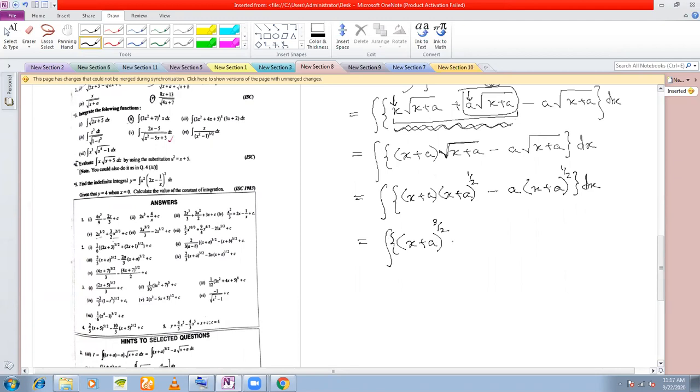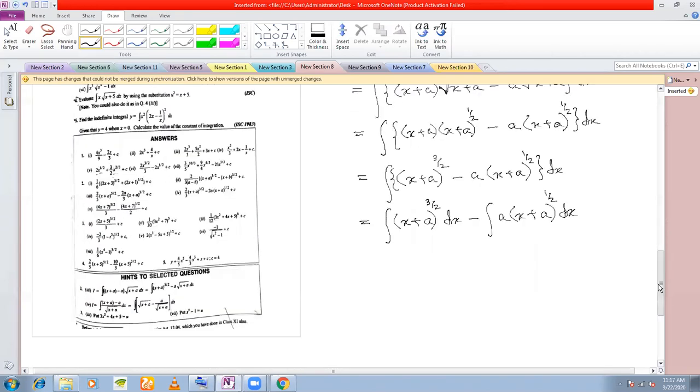Minus a x plus a to the power of half dx. So now this is done. Now you can separate. You can write this as integral x plus a to the power of 3 by 2 dx minus integral a x plus a to the power of half dx, right?